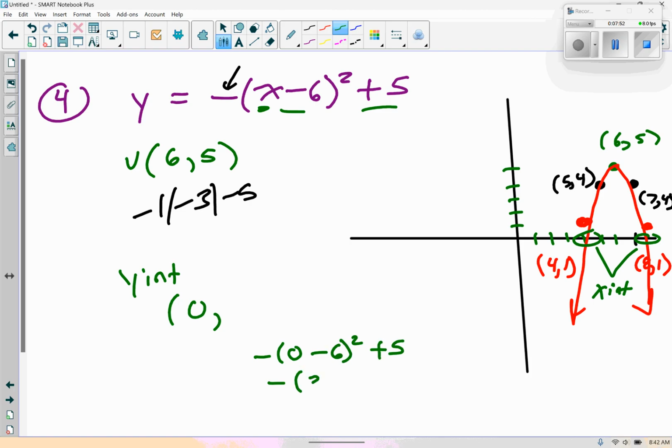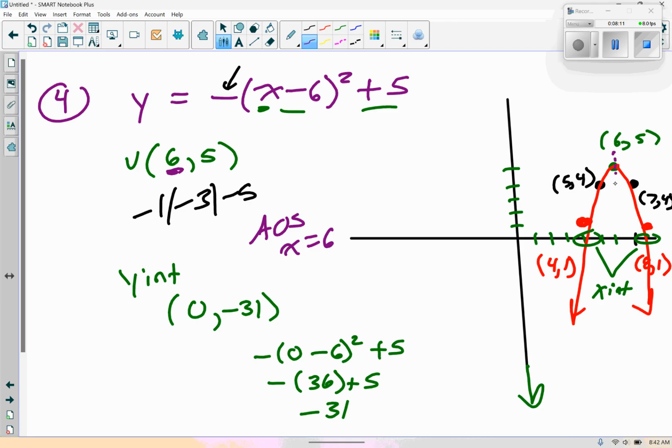So negative 6 squared, we're going to get to negative 31. So that's way down here, so don't worry about trying to plot that. And we already talked about the x-intercepts. Our axis of symmetry, AOS, is going to be x equals 6. So vertical line comes straight down.